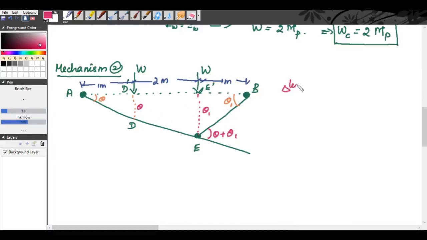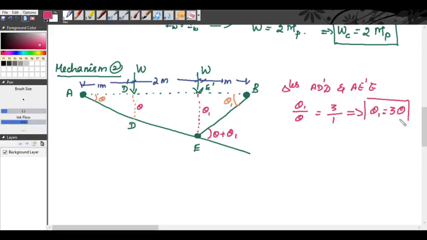We will take triangles, similar triangles A D dash D and A E dash E. When we take theta by theta 1 or theta 1 by theta, theta 1 by theta is equal to 3 by 1, from which we get theta 1 is equal to 3 times theta.